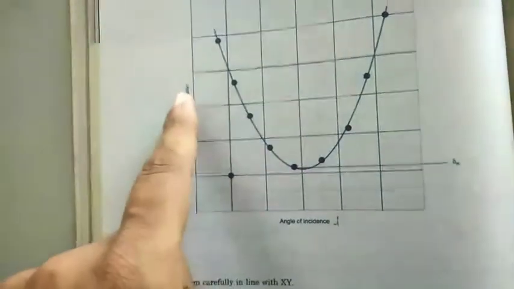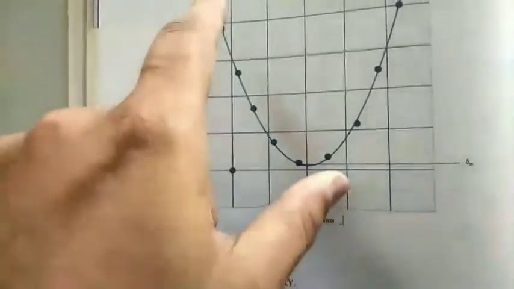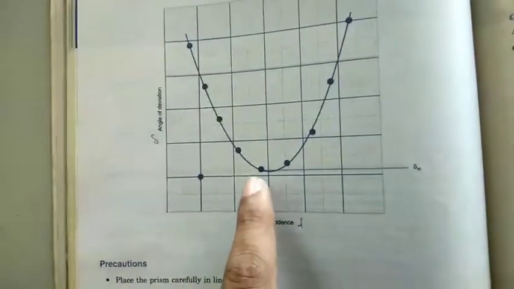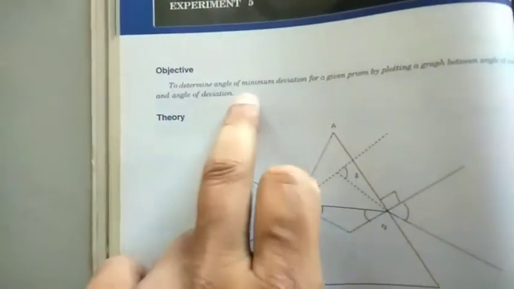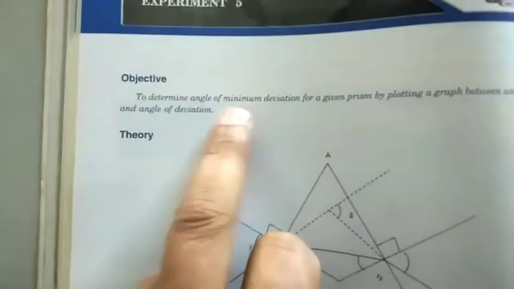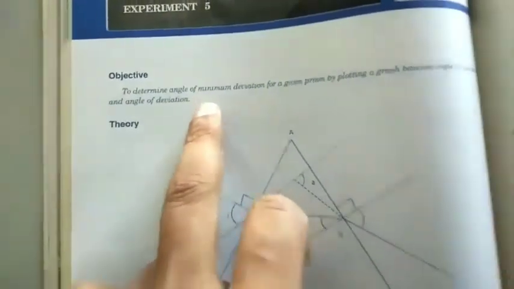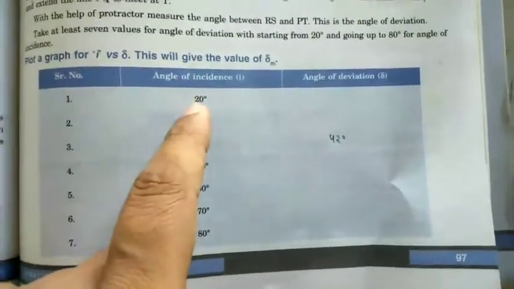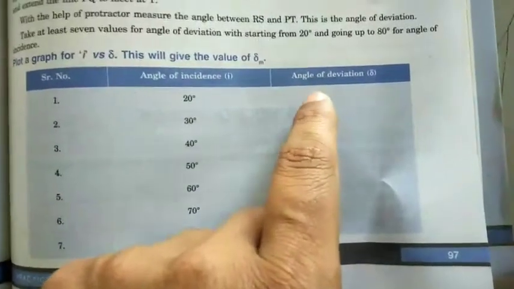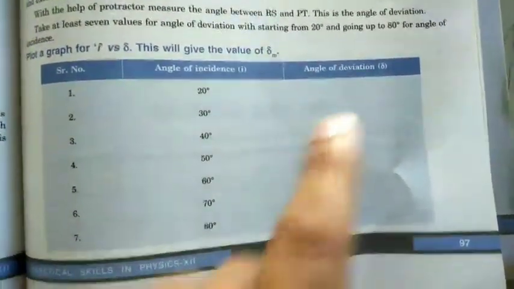Firstly, as the angle of incidence increases, the angle of deviation decreases and then increases. The minimum value of the angle of deviation is called the angle of minimum deviation. So the aim of the experiment, to determine the minimum angle of deviation, can be achieved with the help of the graph.